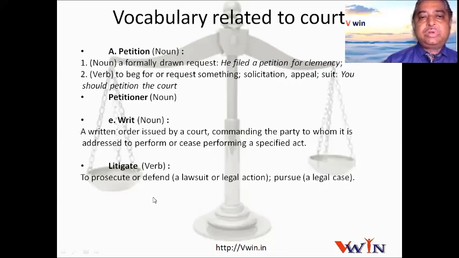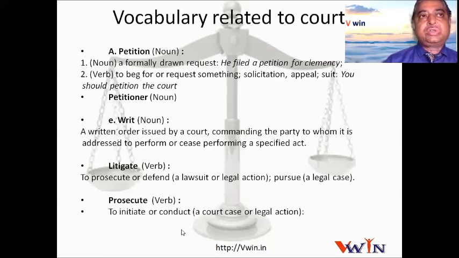Prosecute means someone who initiates or conducts a court case, while a defendant is someone who is charged with a certain kind of crime or fault. So to prosecute or defend a lawsuit or legal action means litigate. To pursue a legal case, again, it means litigate, to basically get involved in legal proceedings as a party.